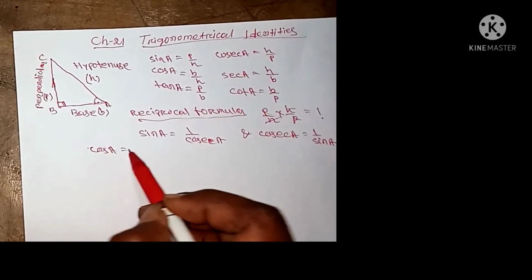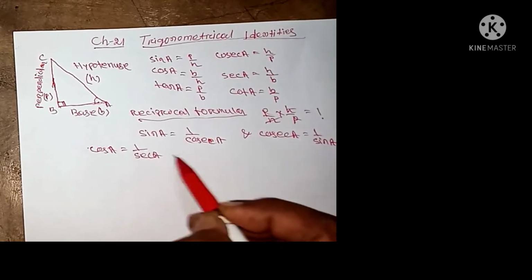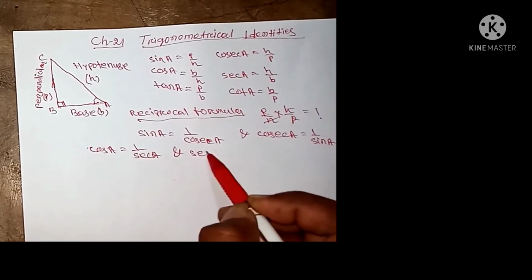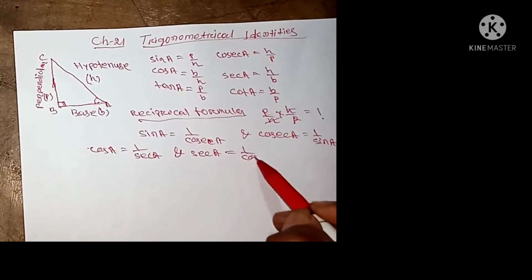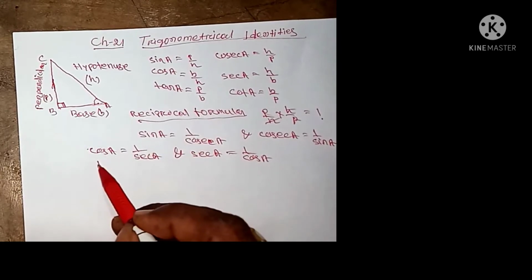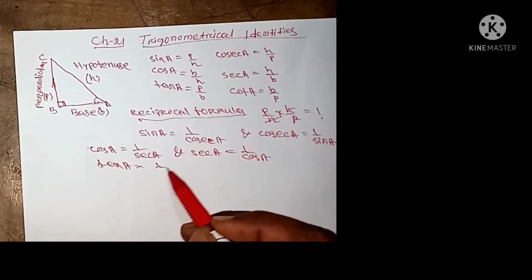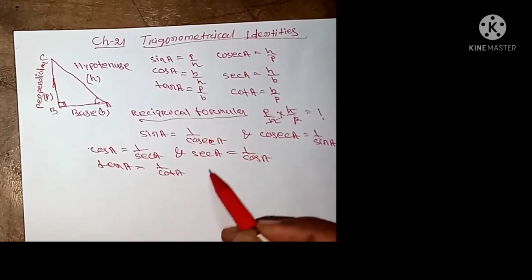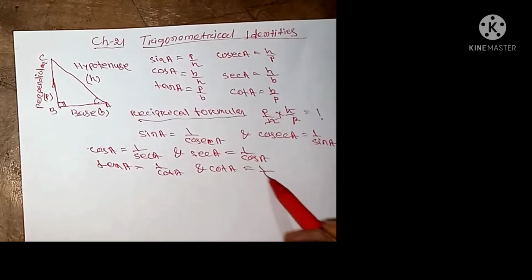So cos A is equal to 1 by sec A, and sec A is equal to 1 by cos A. Similarly, tan A is equal to 1 by cot A, and cot A is equal to 1 by tan A.